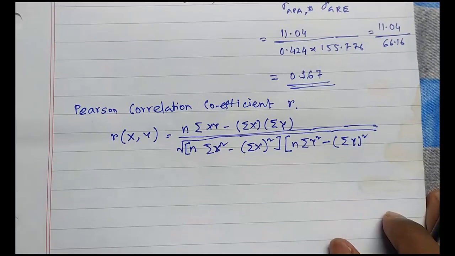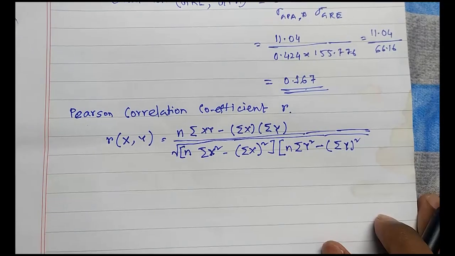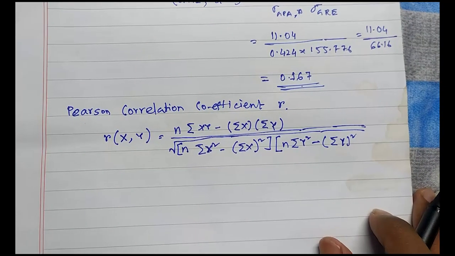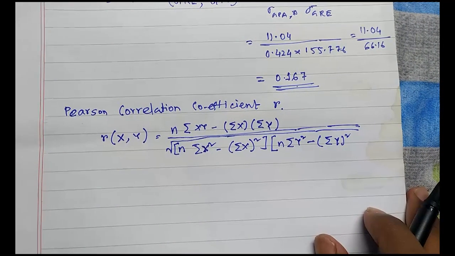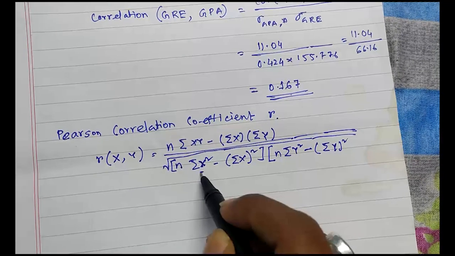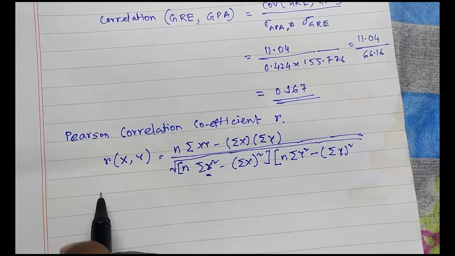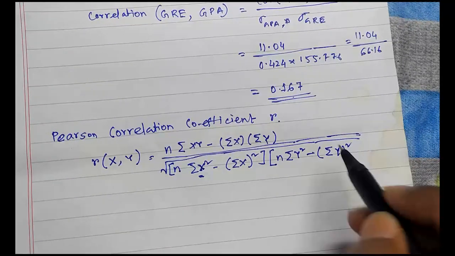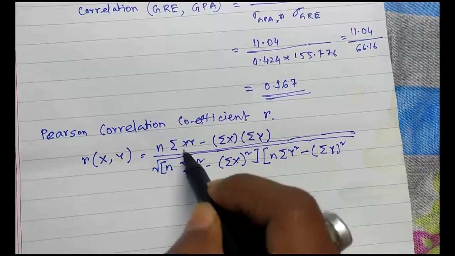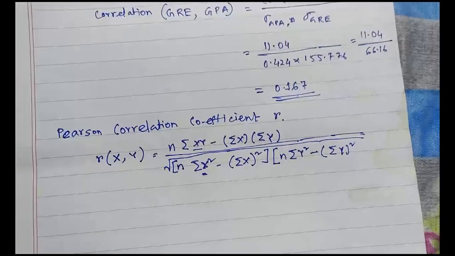So for that, we need to find out two things. One is GRE square, because we need x square, and GPA square. Then we also need xy, that is GRE into GPA.